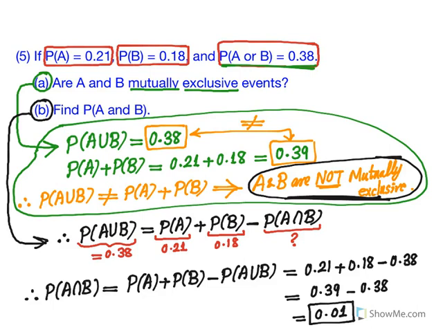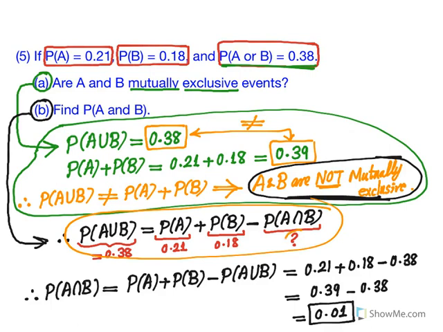Of course, if you don't want to write all of this and then find it at the end, you know the rule, so just add these two numbers, put them on this side and multiply by a negative sign to get probability of A and B. It's just like a linear equation where you take things to other sides just to find the number that's missing.